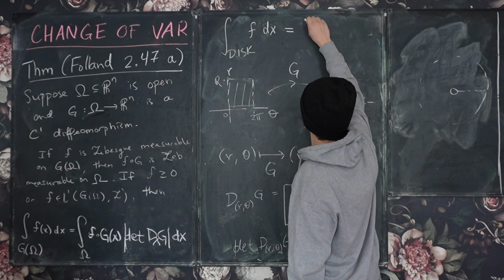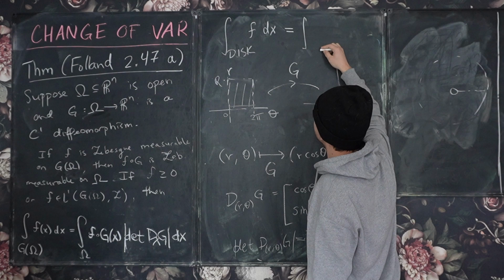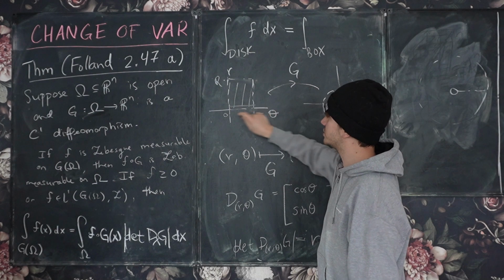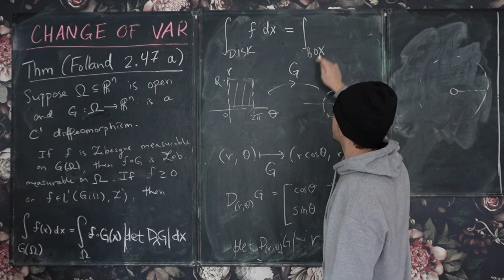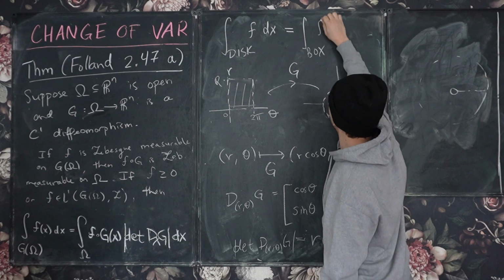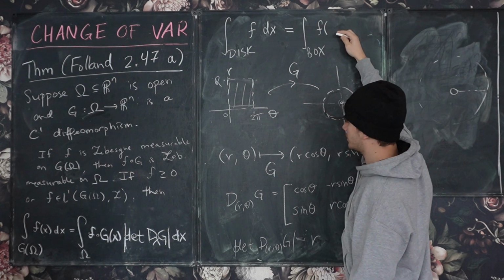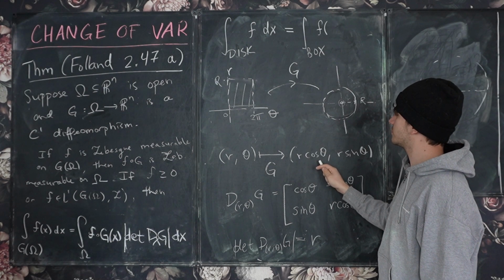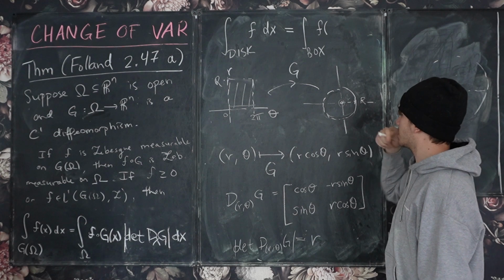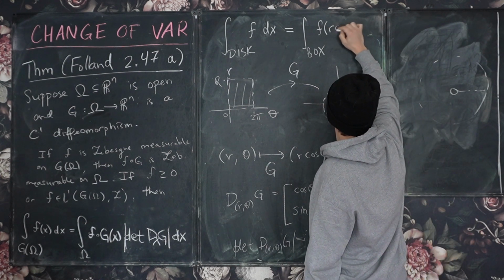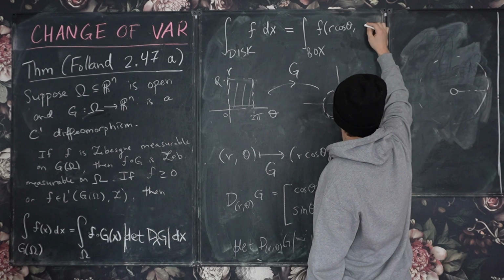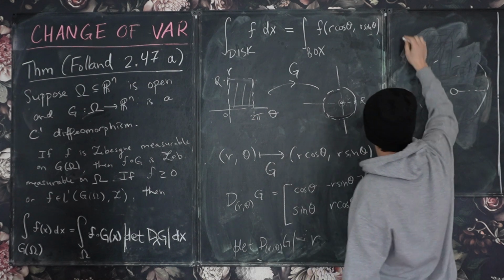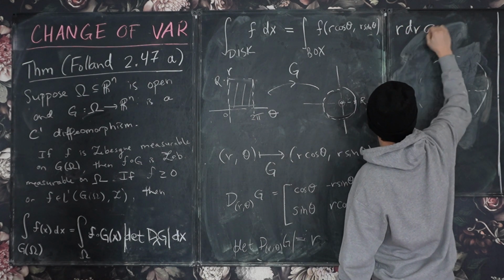And this is going to be equal to the integral over this box, which is parameterized as r and theta. The integral over this box of f of r cosine theta, r sine theta, times r dr d theta, right?